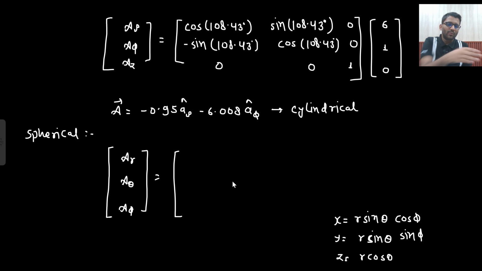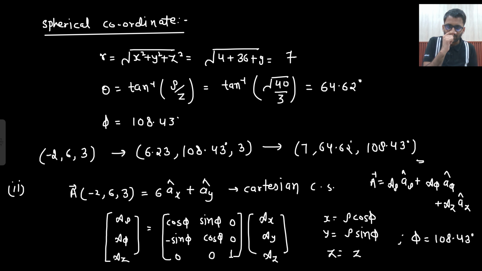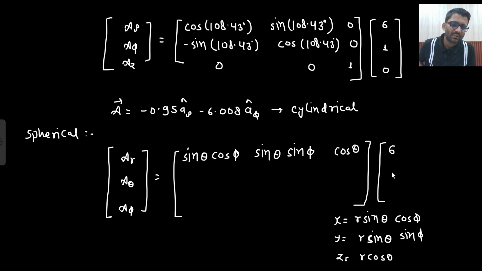So I am going opposite, so I will write horizontally. Sin theta cos phi, sin theta sin phi, and then cos theta. And here Ax, Ay and Az. So what are my Ax, Ay and Az? That is 6, 1 and 0.